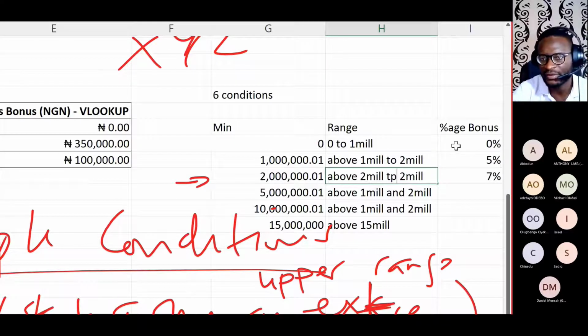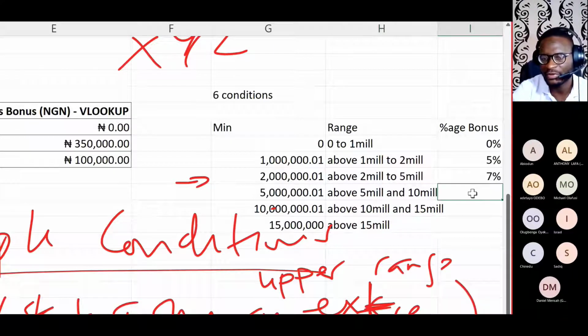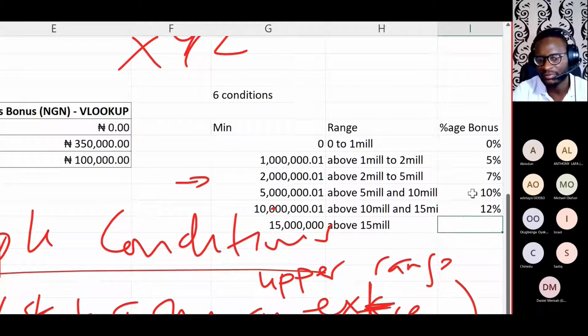But to 5 million. And then above 5 million, but to 10 million. And then above 10 million, but to 15 million. And then maybe this one will be 10%, maybe this one will be 12%, and maybe this one will be 14%.